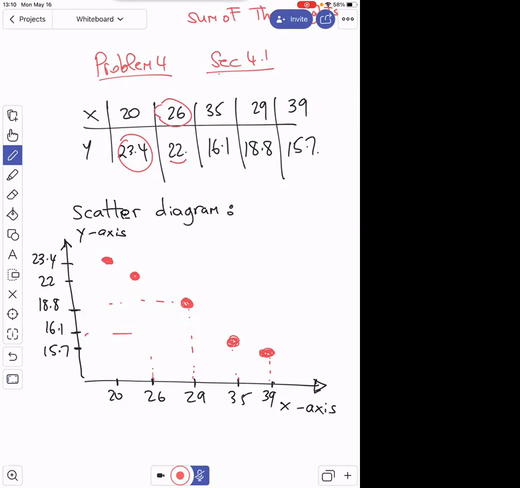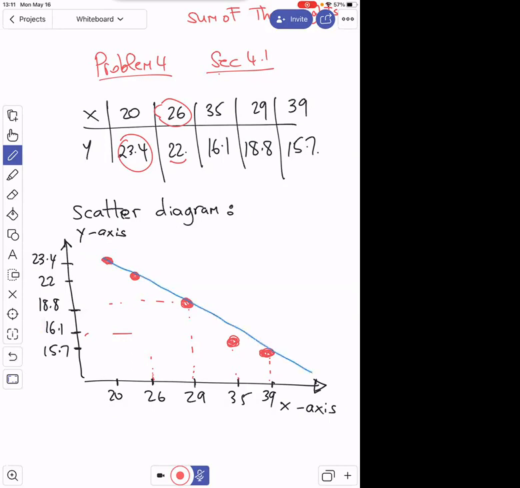Now, it says, using only the scatter diagram, would you estimate the correlation coefficient to be positive, close to 0, or negative? So we need to draw a line which passes through the points. The closest line to these points would be probably this line right here.